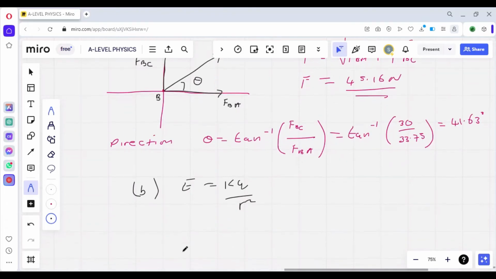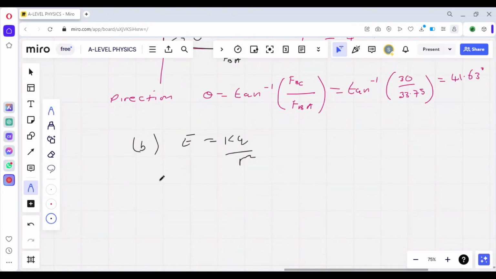So now let us find the electric field at B due to the charge placed at C.